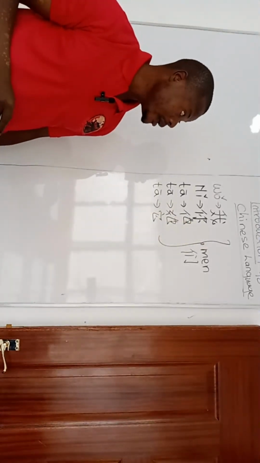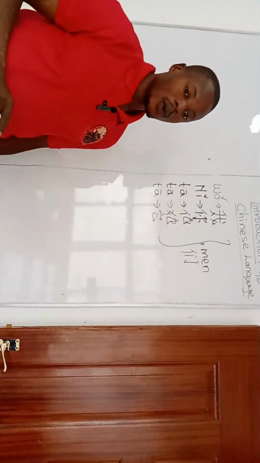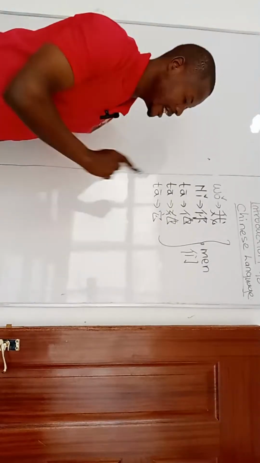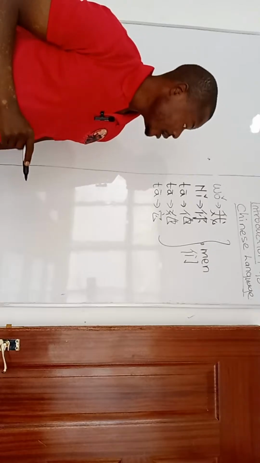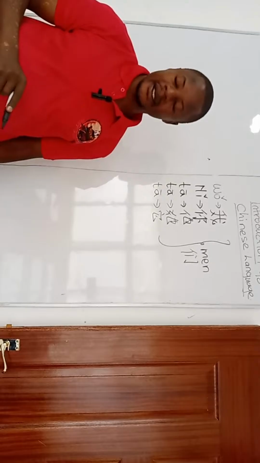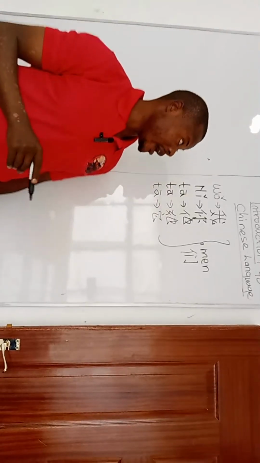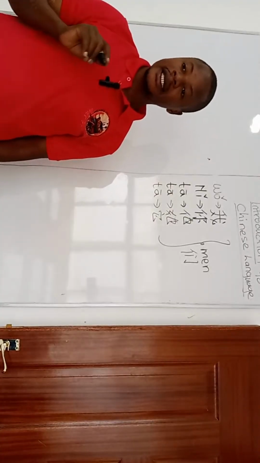So how do we read that? If it's wo, we say wo men, and then we say ni men, and then we have ta, which is ta men. Okay, so we have wo men, ni men, ta men.